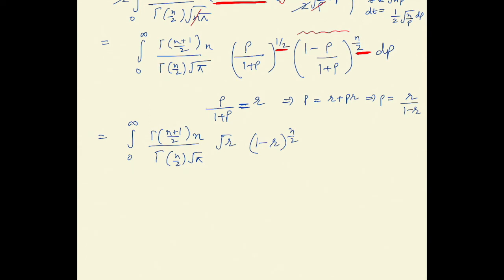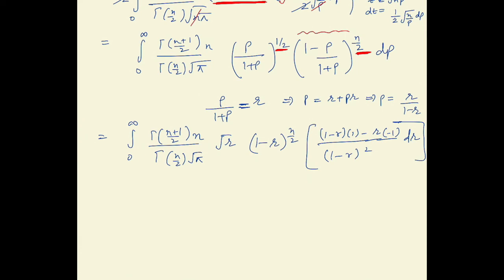So dp would be equal to, by the quotient rule, 1 minus r, derivative of r is 1, minus r times minus 1, dr, over 1 minus r whole square. So this is simply derivative of p with respect to r, which is equal to 1 upon 1 minus r whole square.